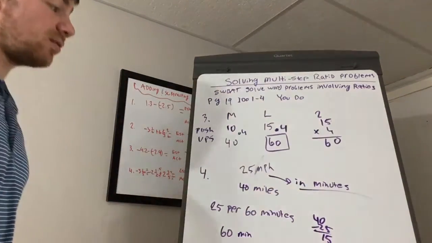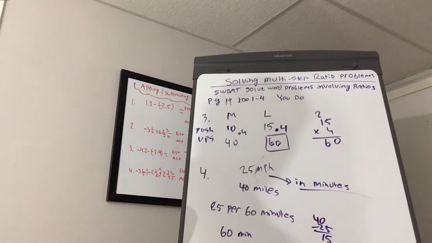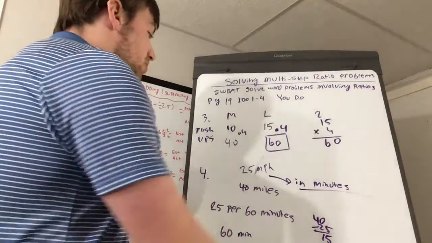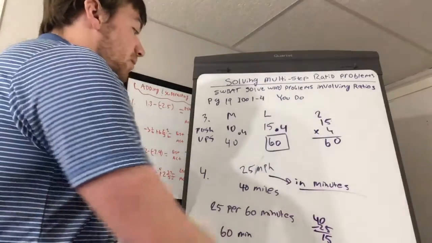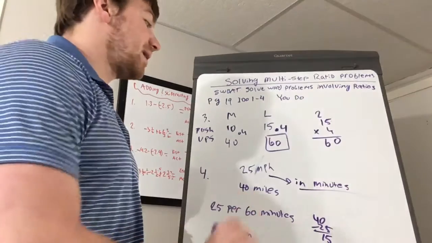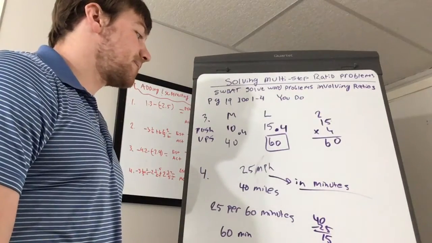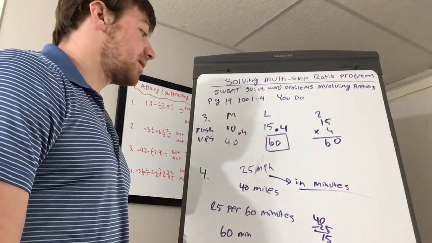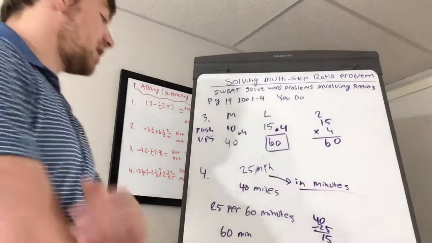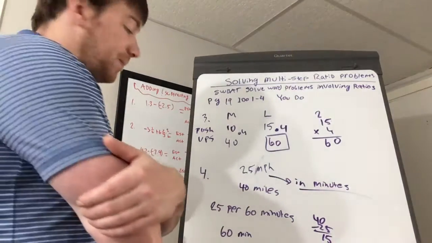Now how do you know what's left over? Well, you have 15 left, and you know that you go 25 miles in 60 minutes.